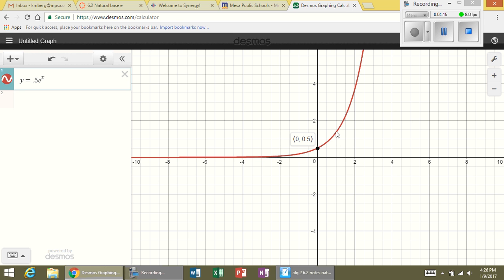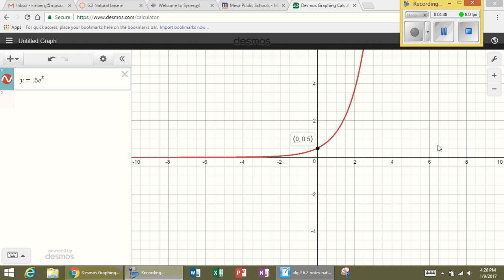And then at 1, as close to 1 as we possibly can, we're at 1.359, and then at negative 1, as close as we can get to negative 1, there it is, 0.184. So those are the three ordered pairs I want to include on my graph.